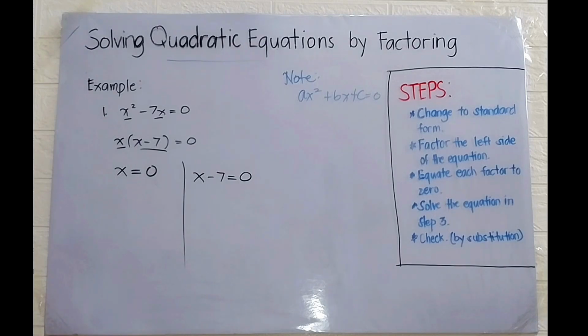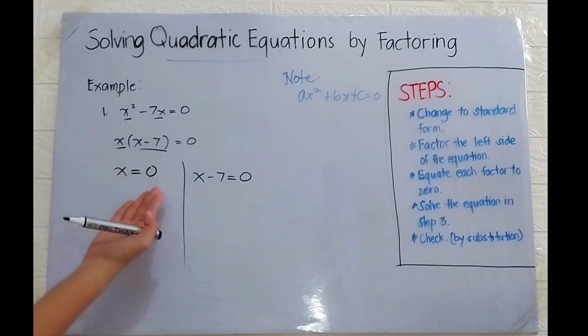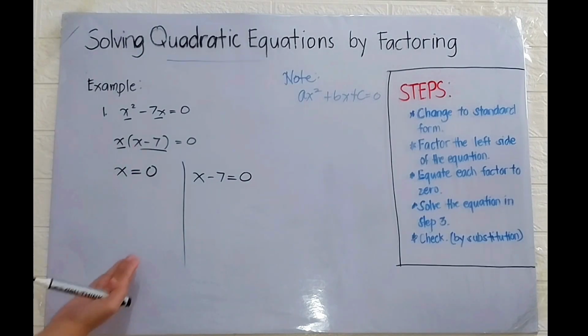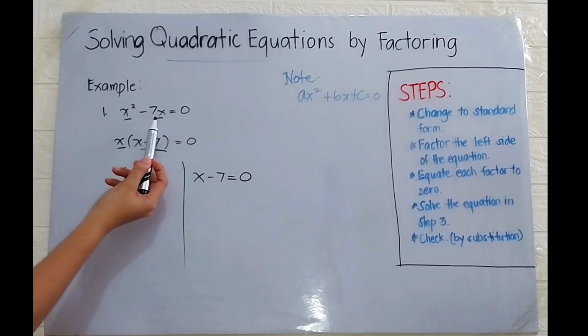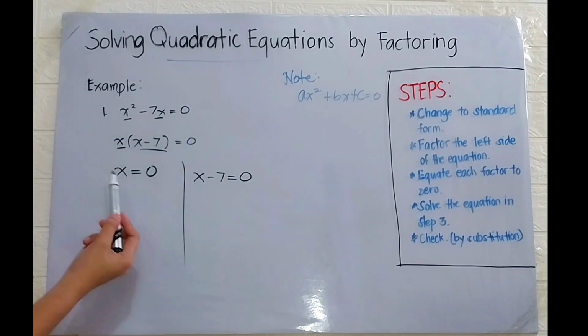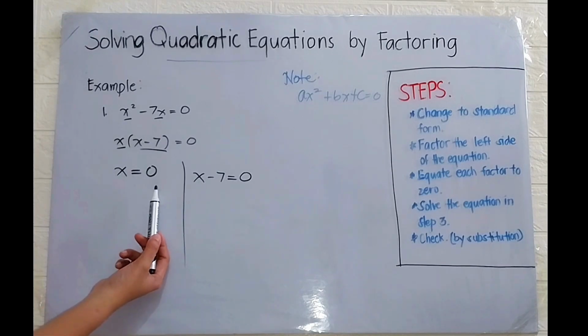Ulitin ko, dapat x lang yung matitira maalin sa left or right side ng equation. As you can see here, x equals to 0. There is nothing to evaluate more. Wala na tayong dapat isolve. So therefore, one of the roots of x squared minus 7x is equals to 0 is simply x is equals to 0.